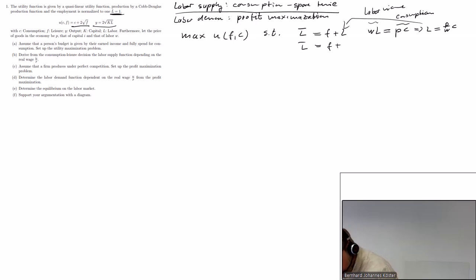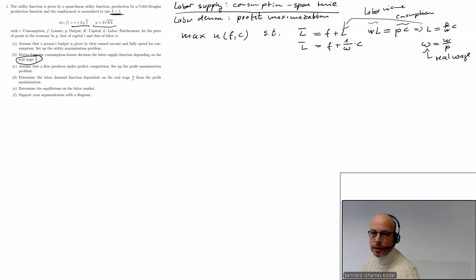and I also recommend to calculate the dependencies with respect to real wage. So let's define omega is W over P, and this is real wage. So 1 over omega times C. So, and now we have the explicit functions and our time restriction.